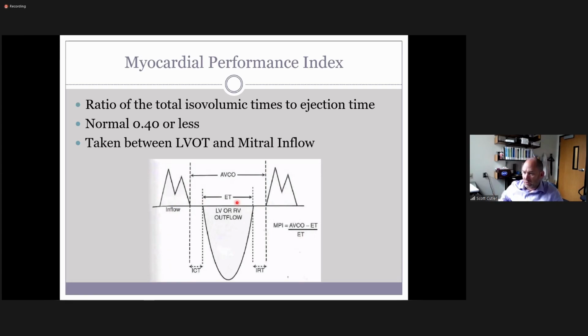So the MPI is just taking the total of everything minus the ejection time. That essentially is like adding the IVCT and the IVRT together and dividing by the ejection time. So that's what the myocardial performance index is. Normal for that is 0.4 or less.